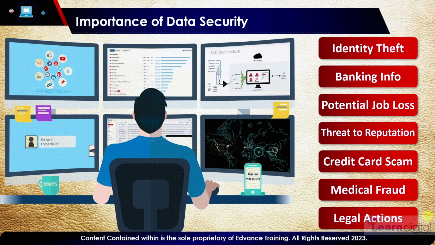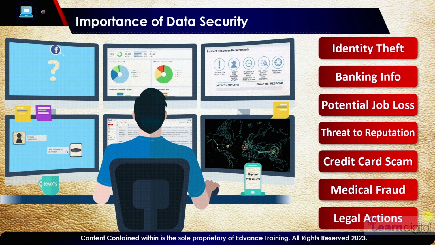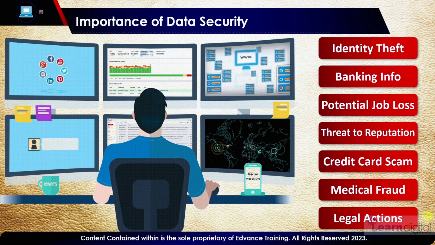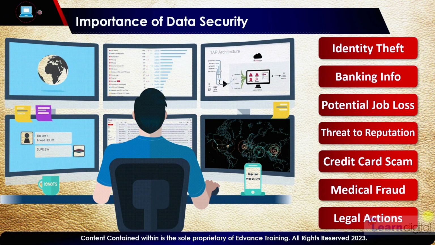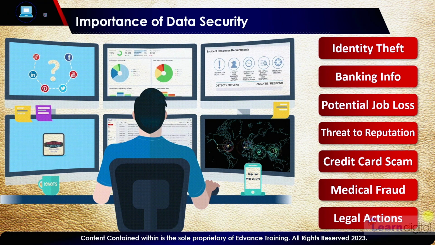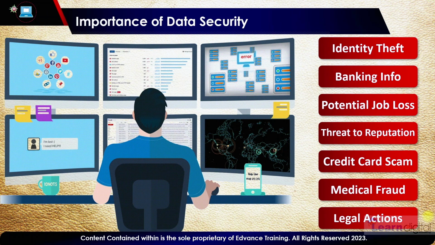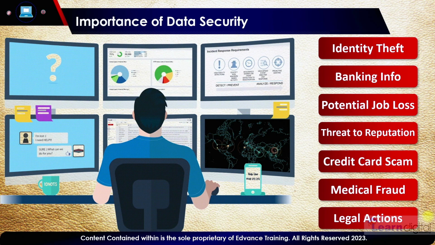For example, industry and state regulations like the California Consumer Privacy Act (CCPA), the European Union General Data Protection Regulation (GDPR), the Health Insurance Portability and Accountability Act (HIPAA), and Payment Card Industry Data Security Standards (PCI DSS). This is all about the organization's legal obligations to protect data.